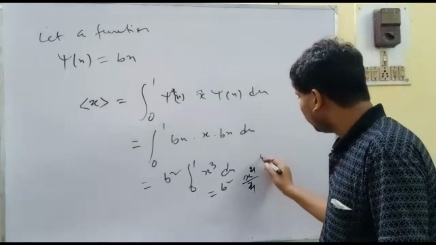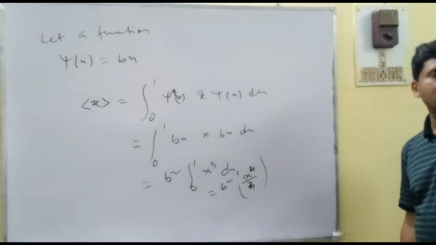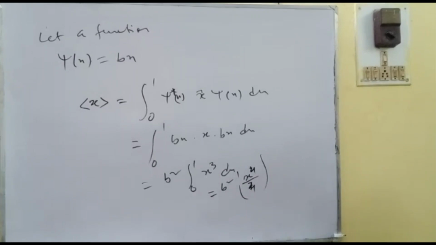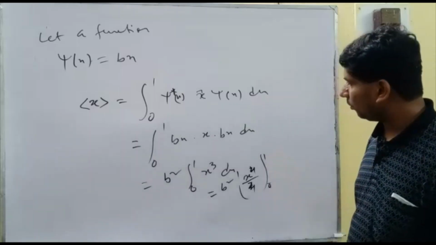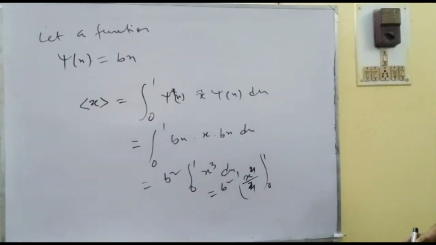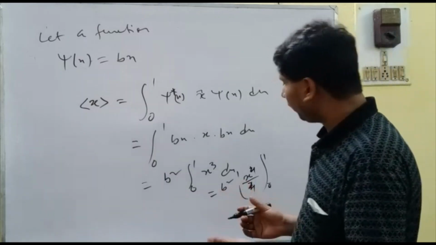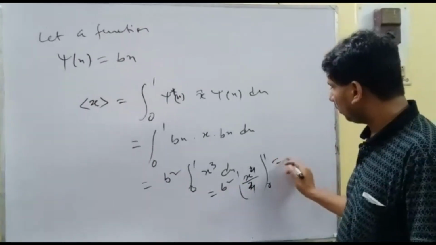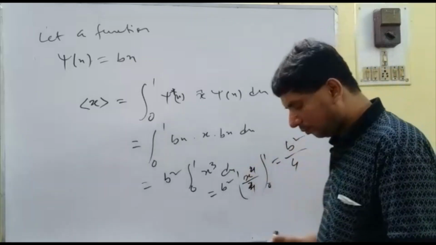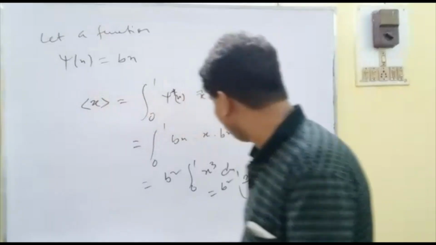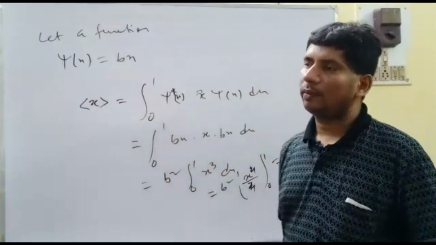Clear? So what is the limit? Limit is 0 to 1. Clear? 0 to 1. And when the value of x is 1, then b square by 4. So this is the expectation value of position x.